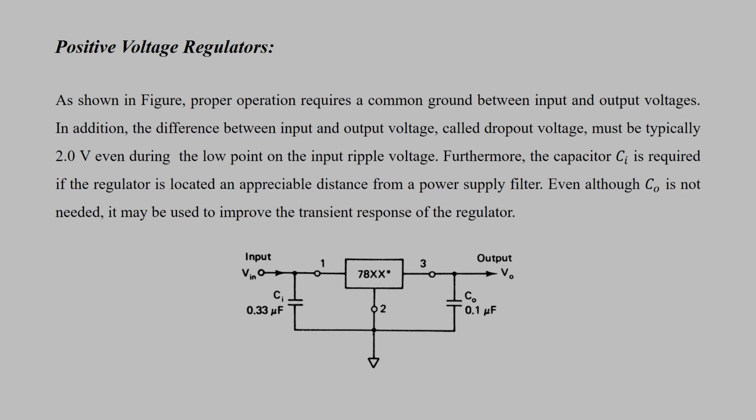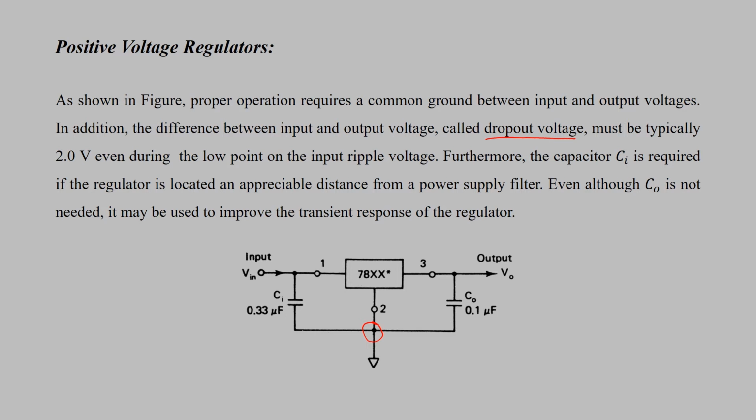As shown in the figure, proper operation requires a common ground between the input and output voltages. Moreover, the difference between input and output voltage, called the dropout voltage, must be typically 2 volt even during the low point on the input ripple voltage.